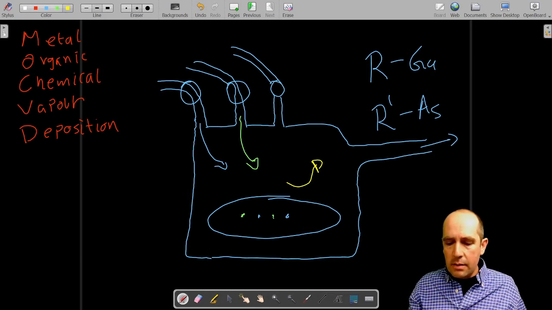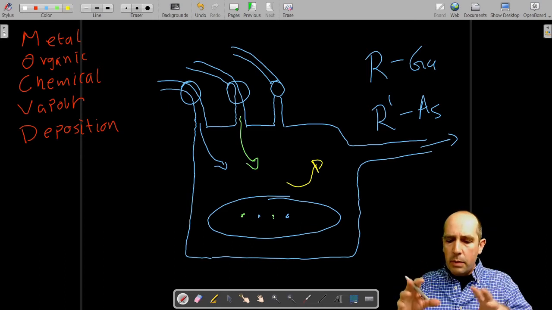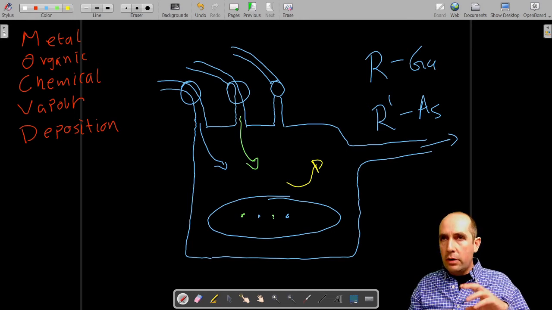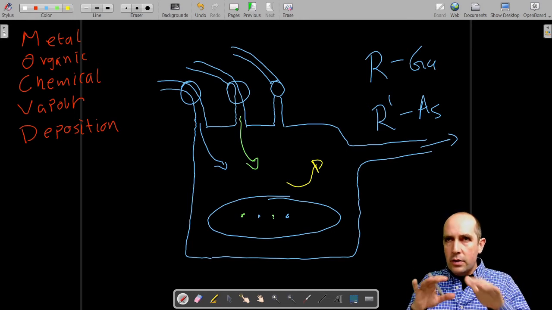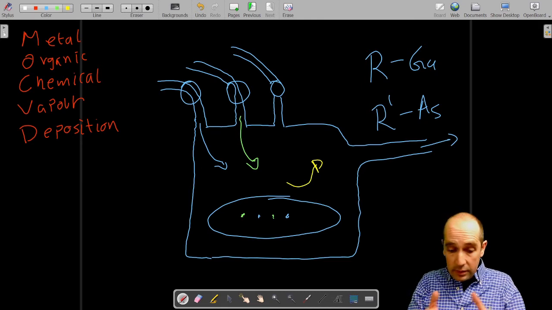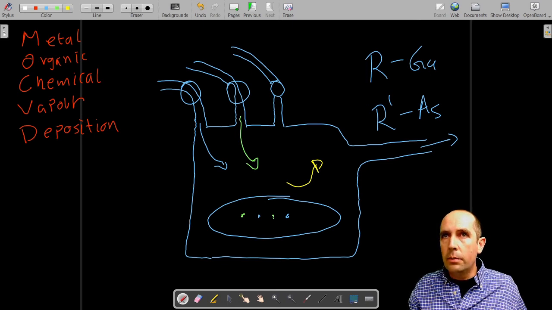And just the same as you put gallium and arsenic, you could put dopants, so dopants that are bound to some organic radical. You can put fractions, or you can make alloys or ternary and quaternary materials with this. So this is essentially the way these kinds of materials can be grown in larger scales.